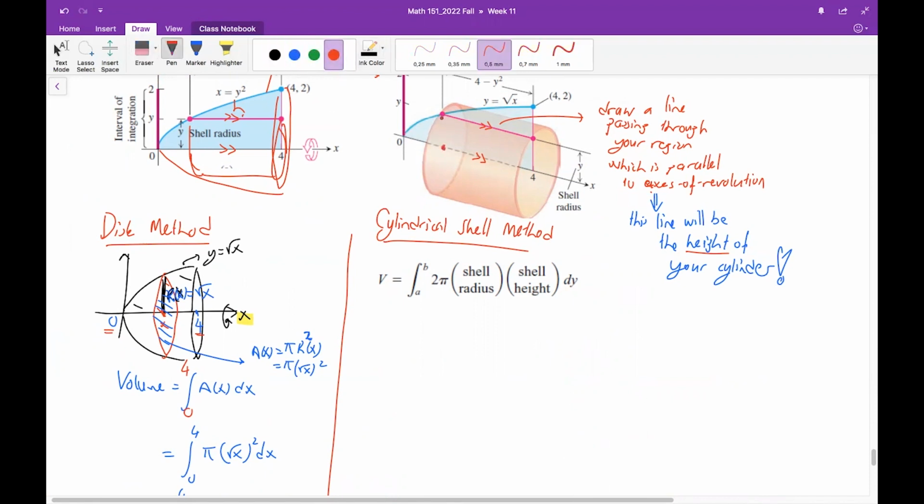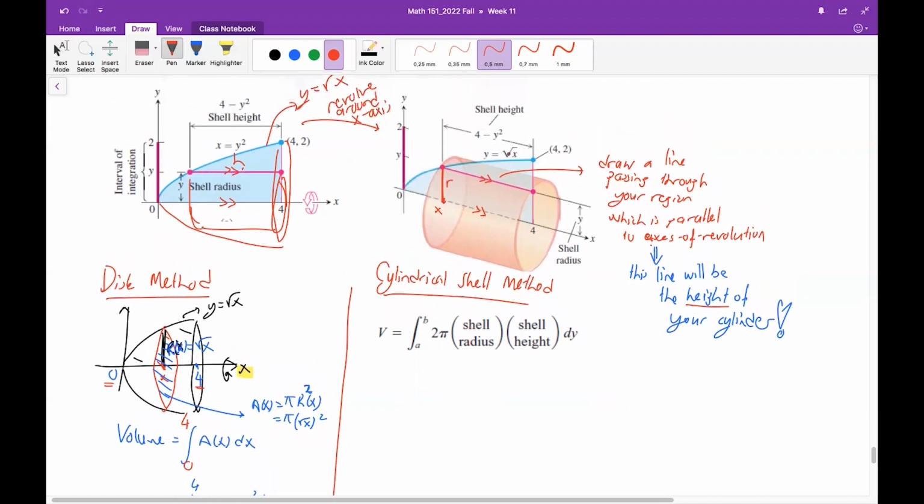This is the center, and this is the radius of your cylinder for an arbitrary point x. The radius is given by this curve, right?